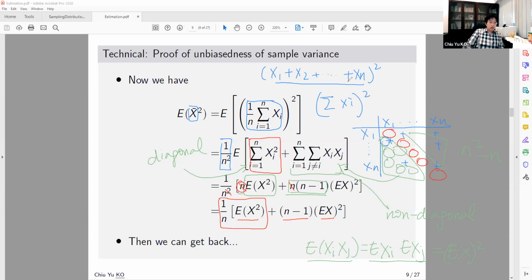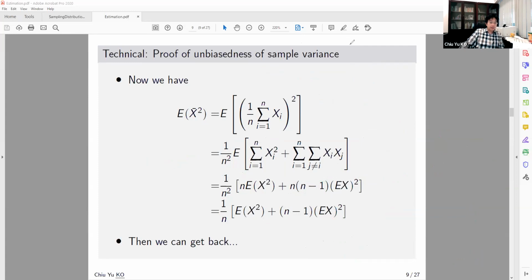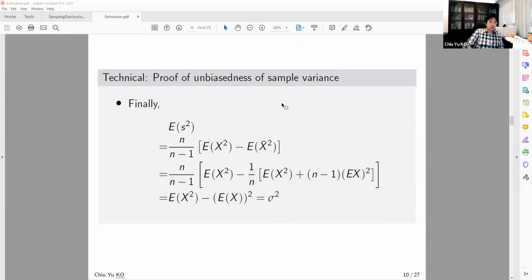Now what remains, the final step, is to show the expected s squared, which we have shown, using the previous slide, to be this thing: 1 over n expected x squared plus n minus 1 over n squared of the expected x.